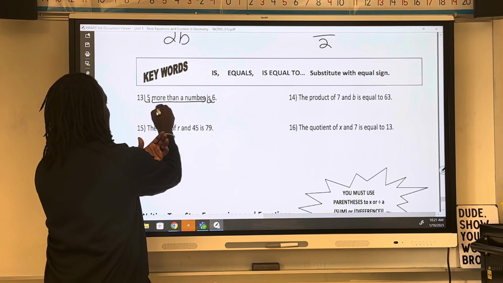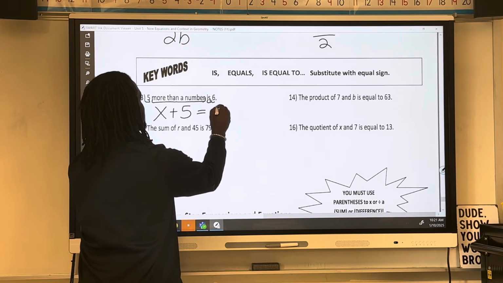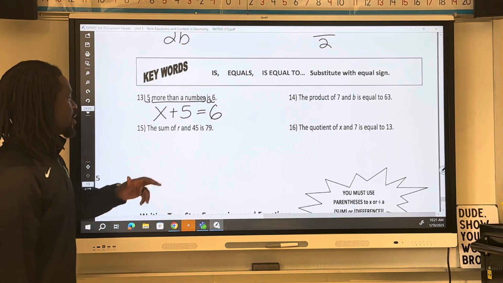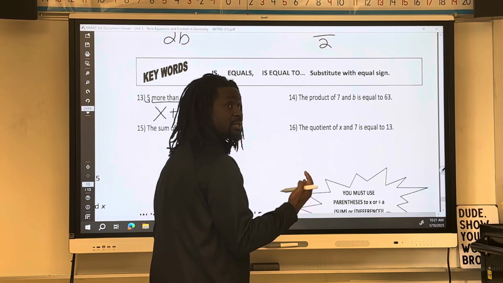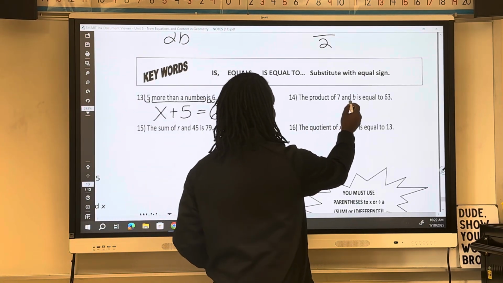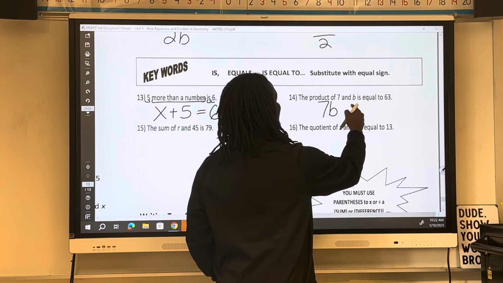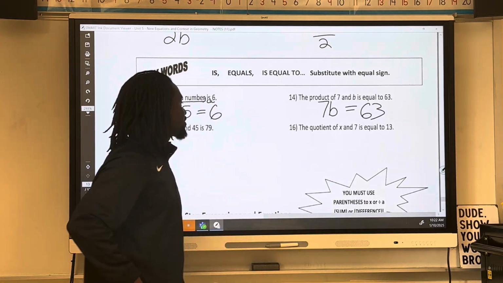So we got a number X plus 5 equals 6. All right. The next one, the product, remember, product is the answer to a multiplication problem. So the product of 7 and B, so I'm multiplying 7 and B, is equal to 63.